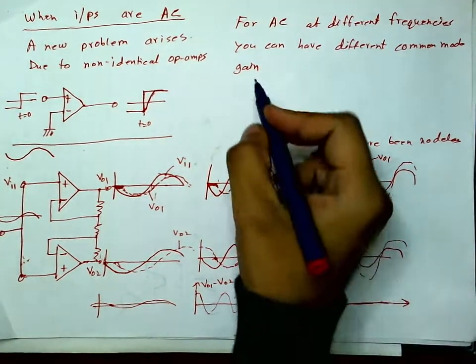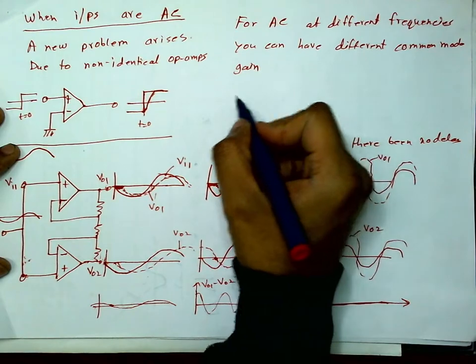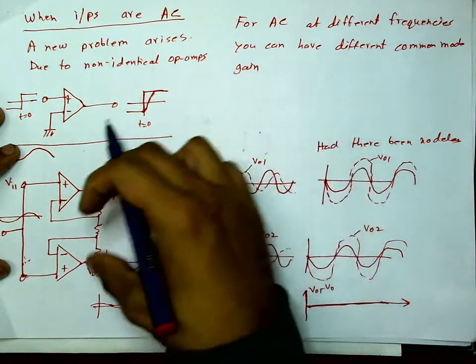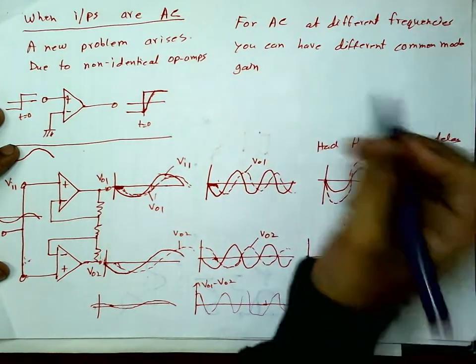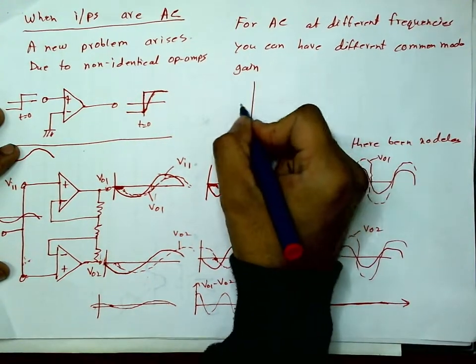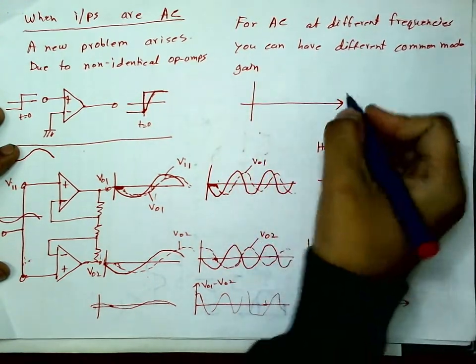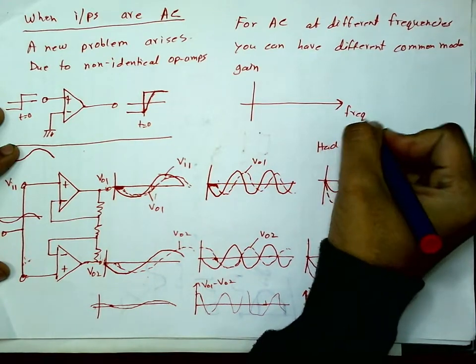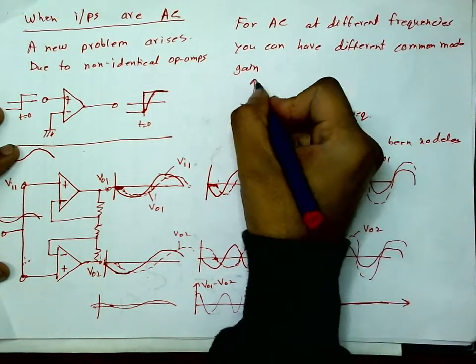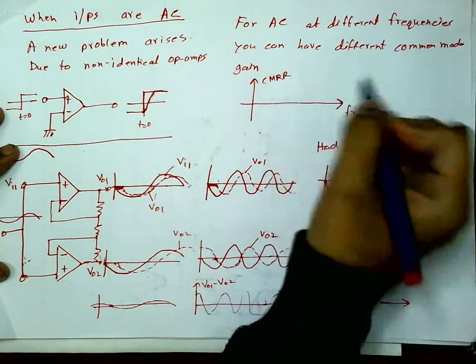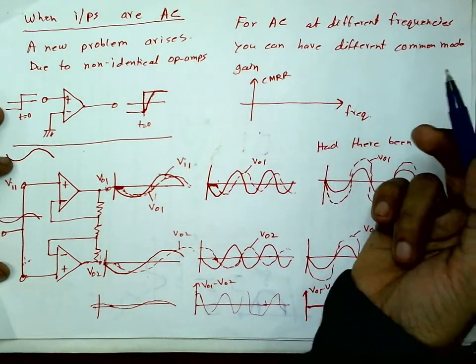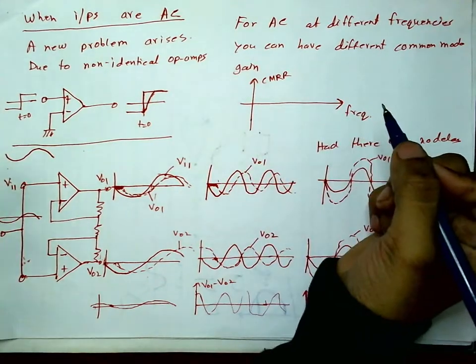So therefore you have to find out this common mode gain in lab at different frequencies, and then you have to plot a function where you have frequency along the x-axis and CMRR or common mode gain along the y-axis, and see how that looks.